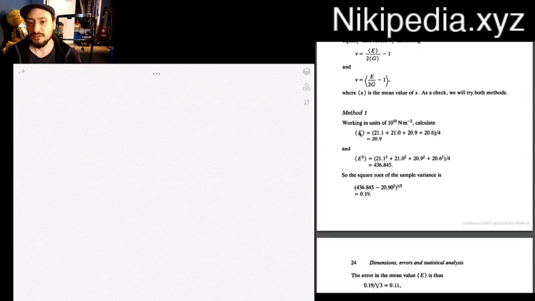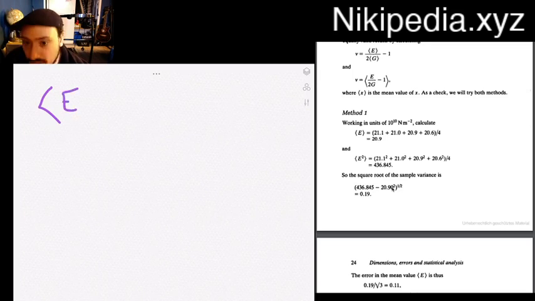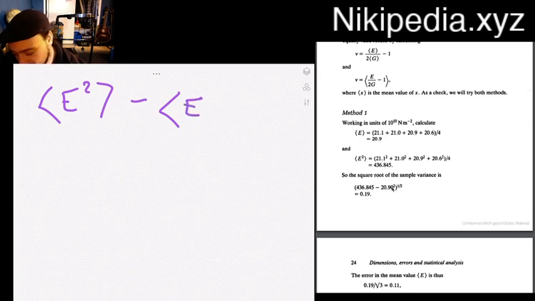This is used to calculate the variance. In the equation for the sample variance, it is the difference between the mean of the squares and the square of the mean, all square rooted.